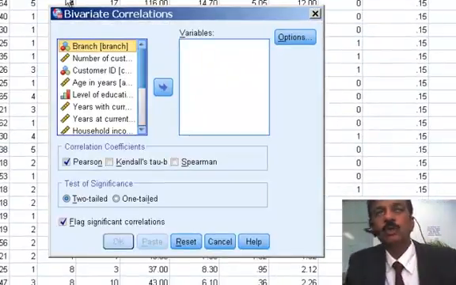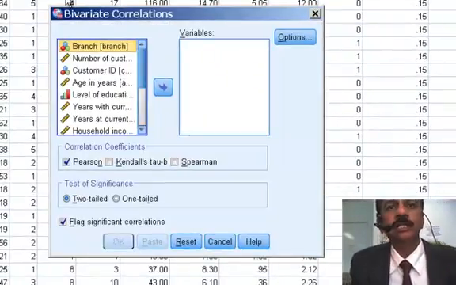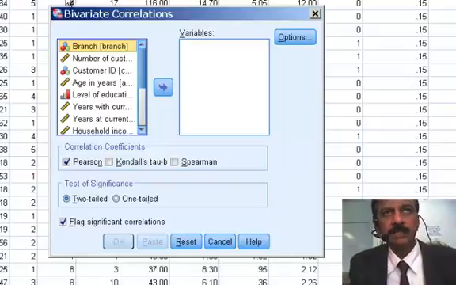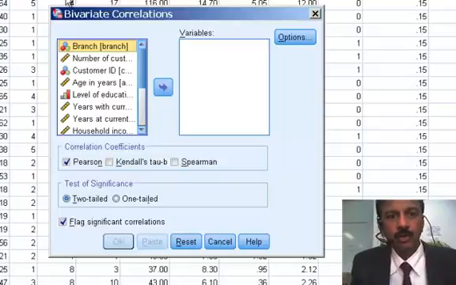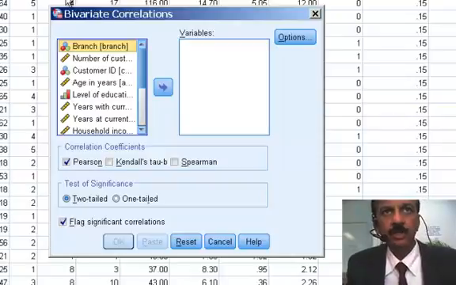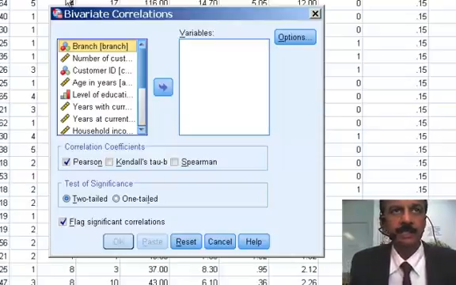When you talk about correlation, you can only do correlation amongst interval scale and interval scale, ratio and ratio, or interval and ratio. Never do anything in terms of ordinal or nominal, because that is clearly a blatant mistake.